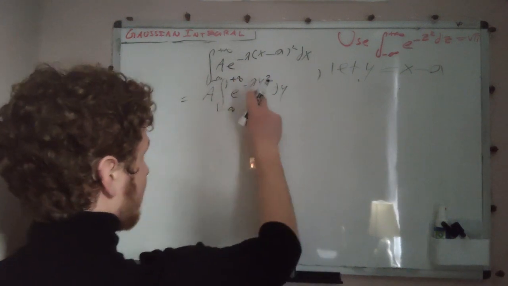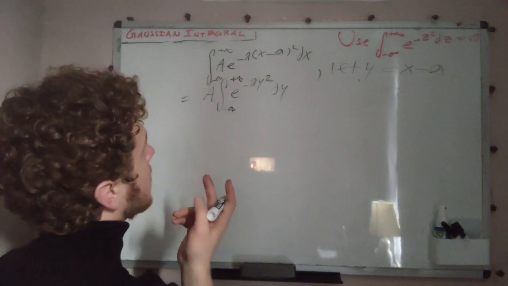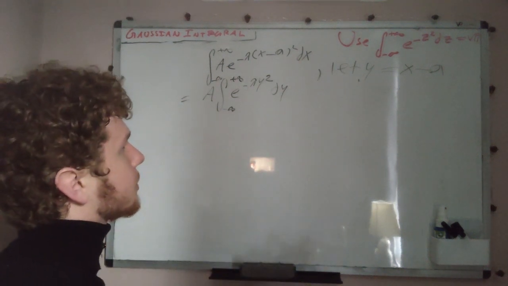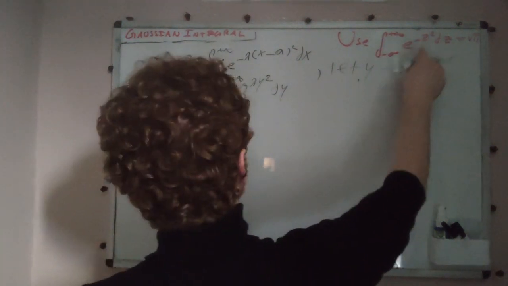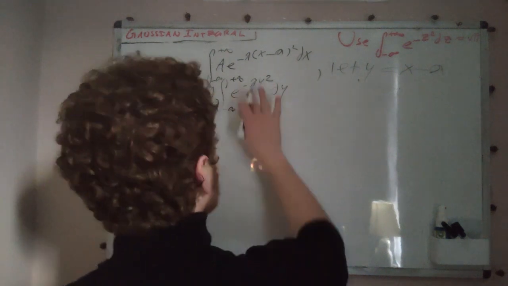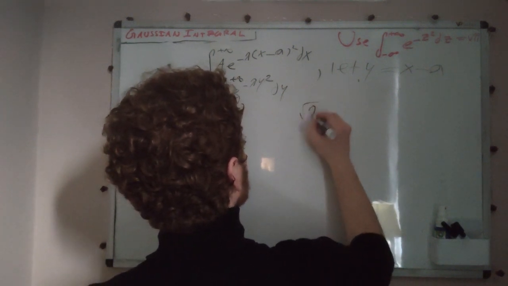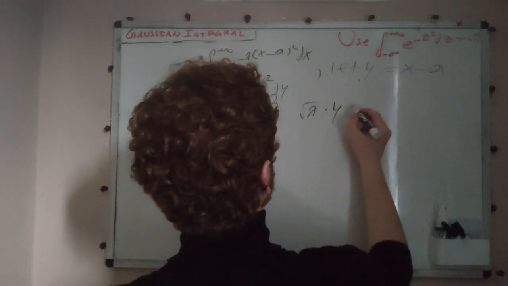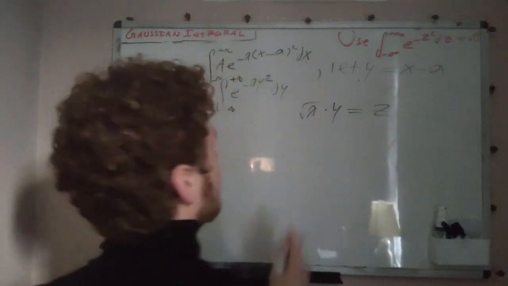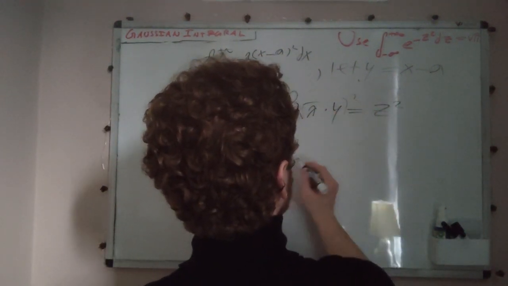Anyway, so we make this first substitution, and we want to use a second substitution so that we can use the same form here. So if we were to take this, we can take the square root of each of these independent values to find it in this term, right? So if we say the square root of lambda times y, and we set it equal to z, we can now say that z squared, and these are going to be the same.